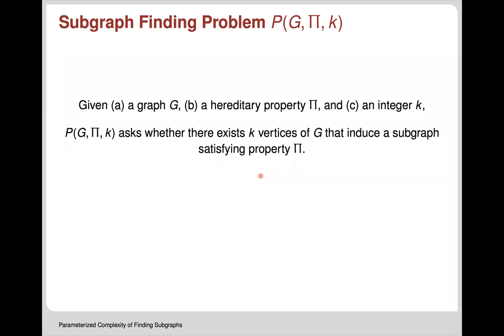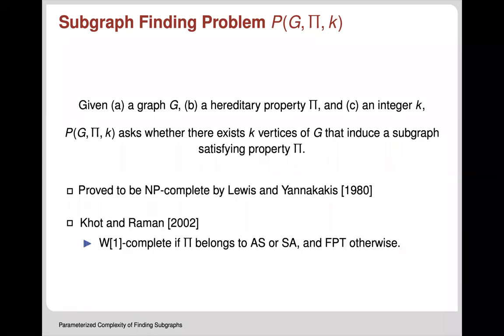This is the original problem, and it was proved to be NP-complete by Lewis and Yannakakis in 1980. In 2002, Cai and Raman studied the parameterized complexity of this problem, and they proved that it is W[1]-complete if pi belongs to either AS or SA, and it is FPT otherwise.